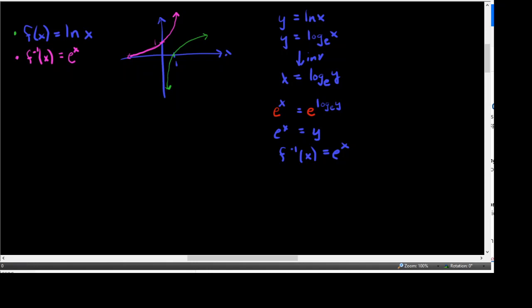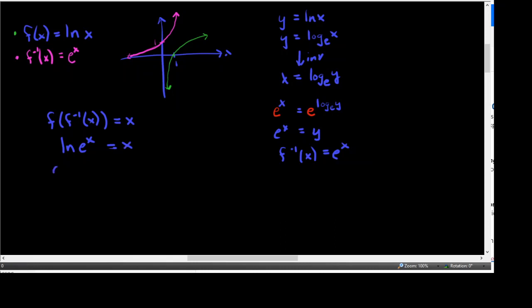So, because they're inverses, f of f inverse of x is supposed to be x. So what that means is that the natural logarithm of e to the x is just simply x.